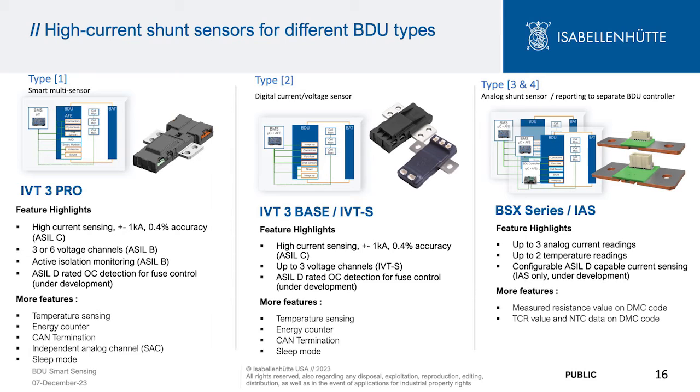And then we have the active isolation monitoring device, which is also ASIL-B rated. The difference here between an active isolation monitoring device and a passive isolation monitoring device is that with this product, you can monitor a non-energized bus. So the product will send voltage pulses through the bus and determine if the isolation is intact.